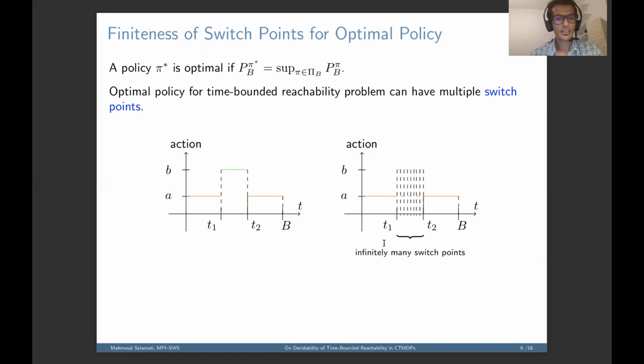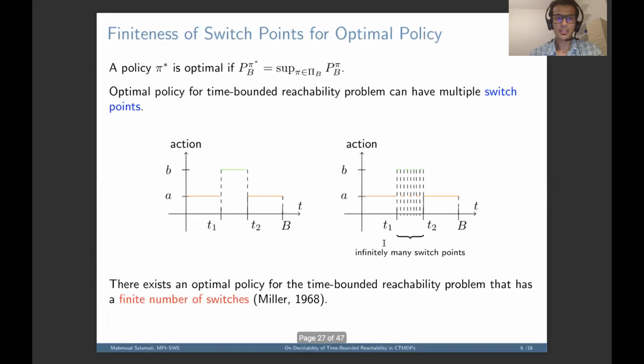The answer to this question is given by a theorem that states that there exists an optimal policy for the time-bounded reachability problem that has only a finite number of switches. This is a very important piece of information that we will make use of for giving our decision procedure later. In particular, we are interested in computing the number of switches for the optimal policy.